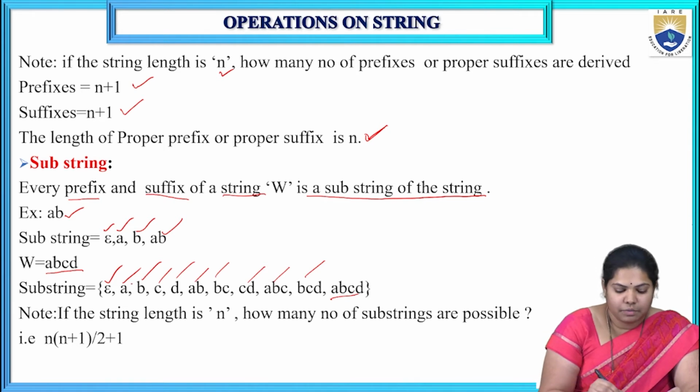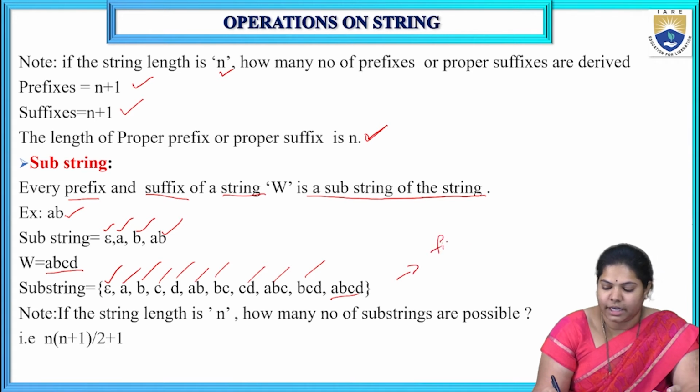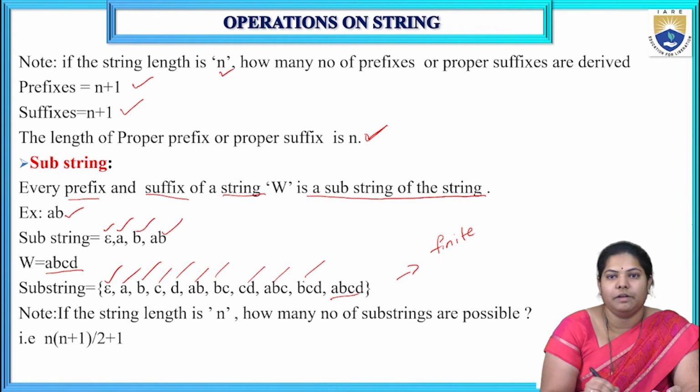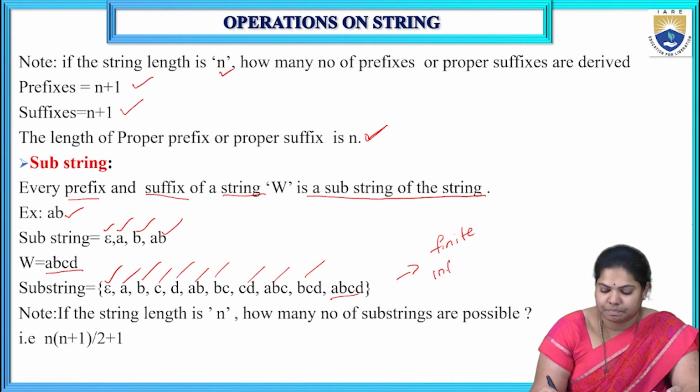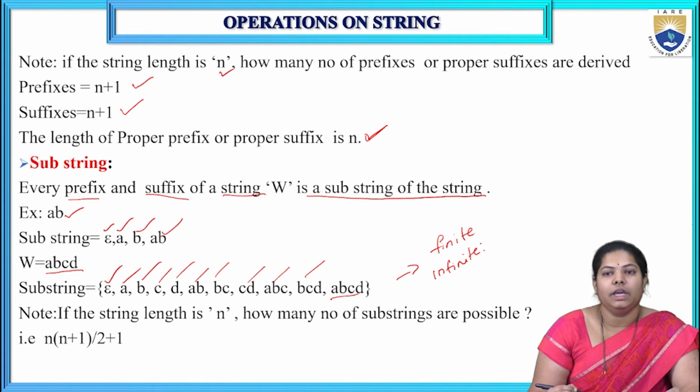Even in this case, if it is a finite length string, we can count the number of substrings derived from the given string. But if the given string is infinite, how can we count those substrings?